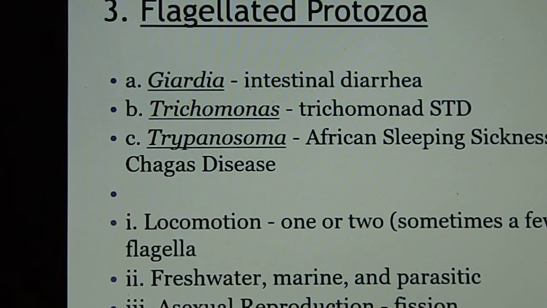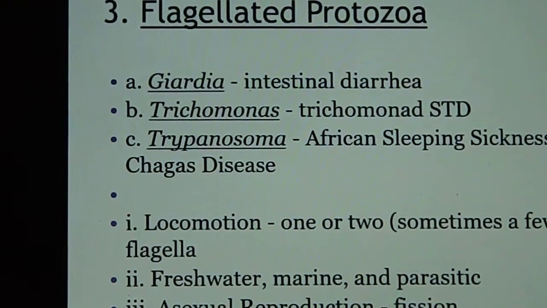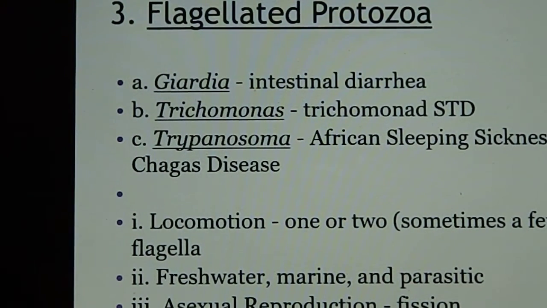The bug does take a blood meal, and it defecates, and of course dogs like to lick, and they lick it into the bloodstream that way. And so it is a problem, especially in South America. They move around, again, by long whip-like structures called flagella.